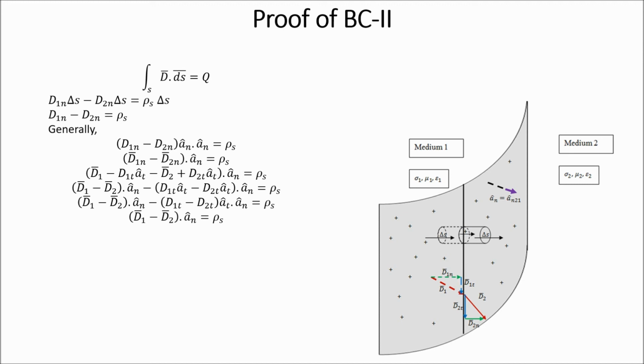So I write D1n minus D2n an, and do the dot product with an, equal to rho s. So I will say D1n minus D2n dot an equals rho s. Then D1n can be written as D1 minus D1t at, and D2n as D2 minus D2t at.